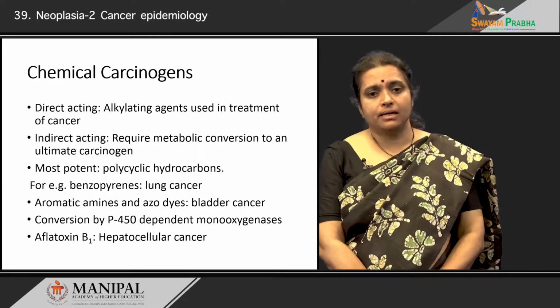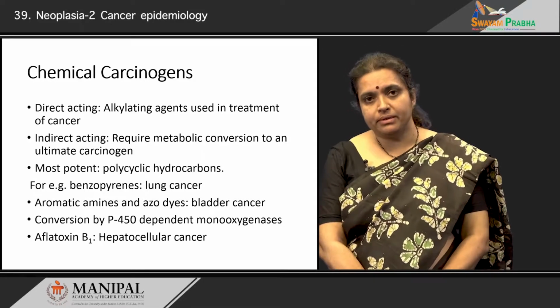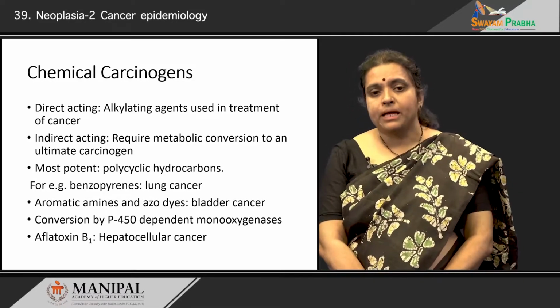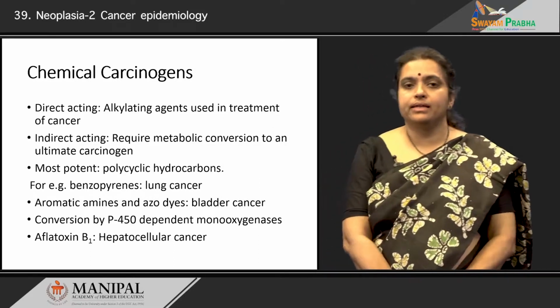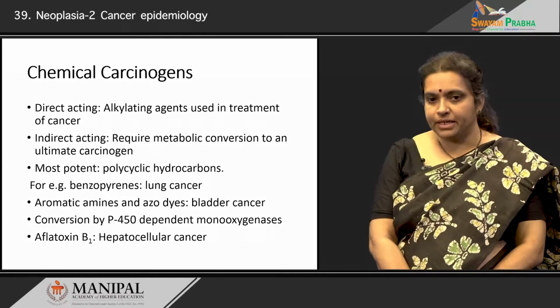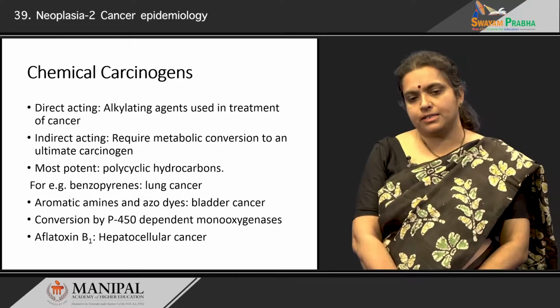Other examples are aromatic amines and azodyes, which are used in the rubber industry. They can cause urinary bladder cancer. Now, all these indirect acting chemical carcinogens have to be converted into an active agent by a P450 dependent monooxygenase.